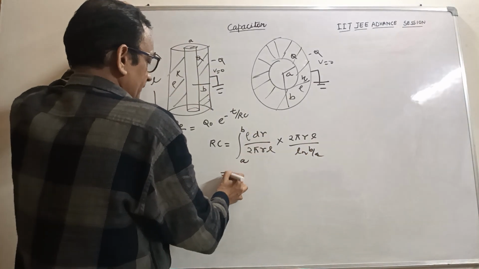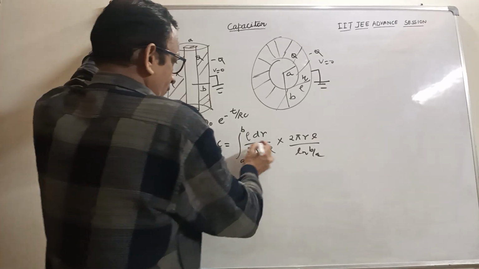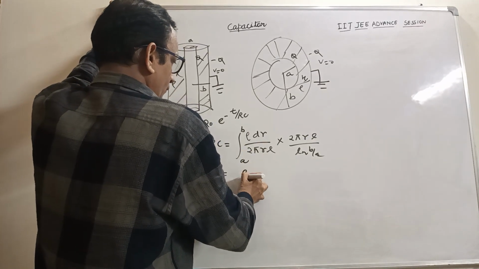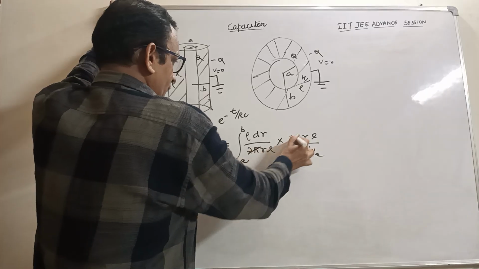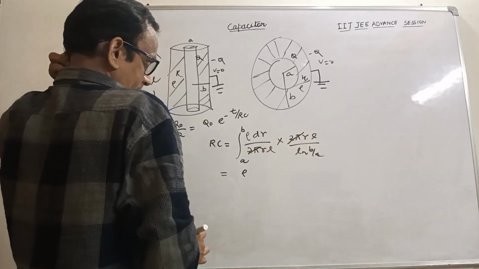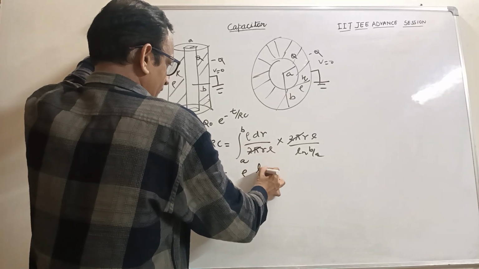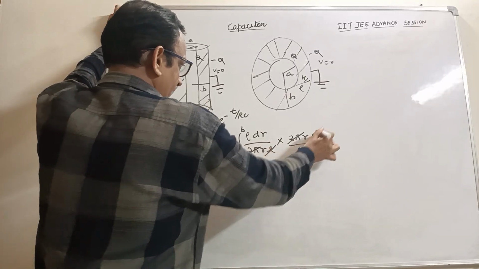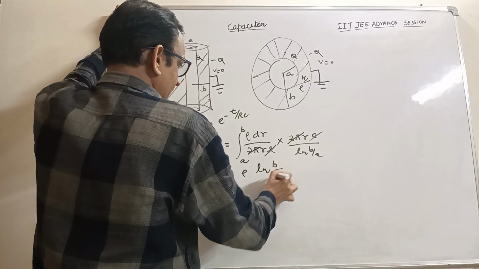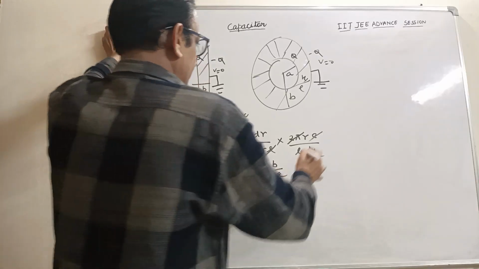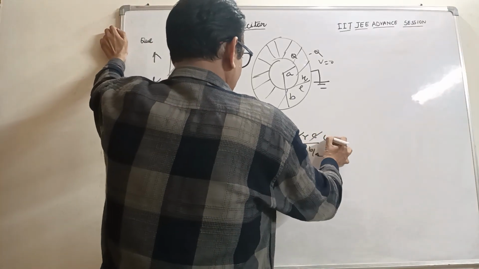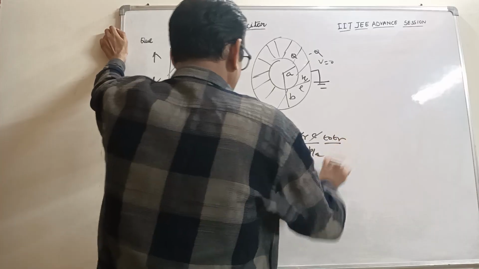On solving, this becomes rho dr, and 2 pi cancels out, and this becomes natural log B by A, and L also cancels out. And here also a term epsilon naught and epsilon r.